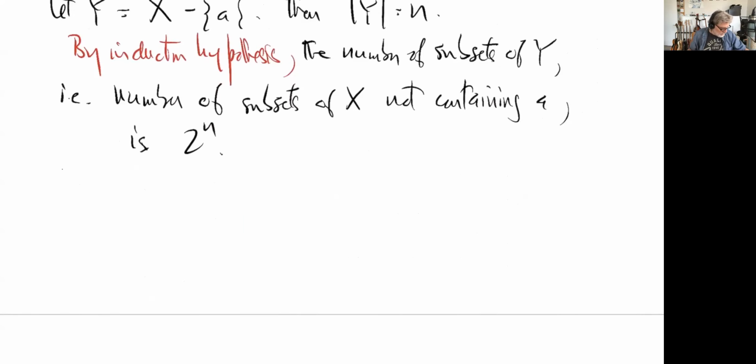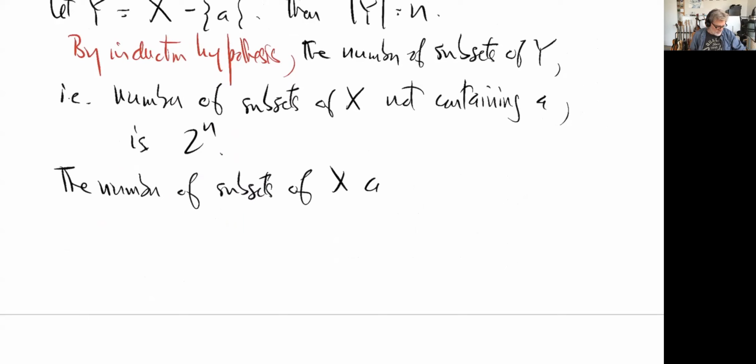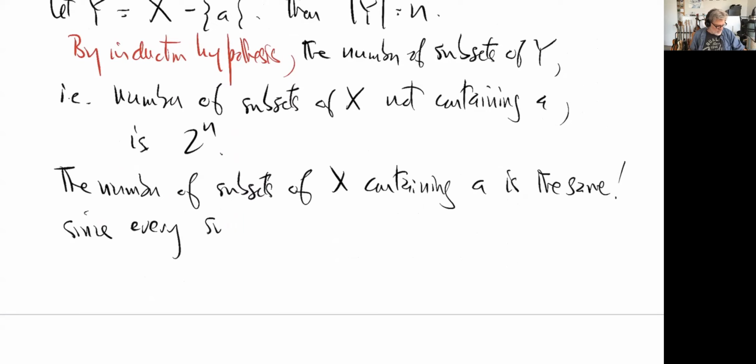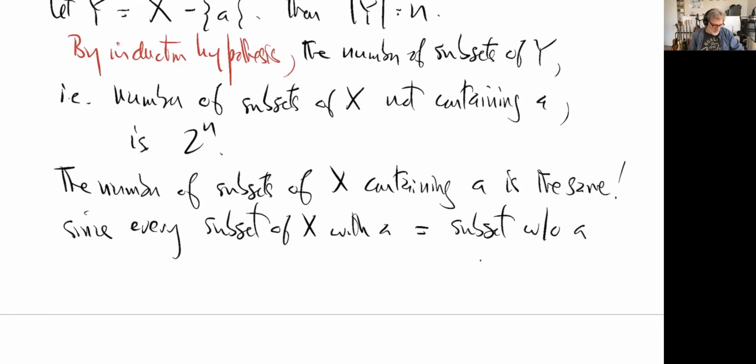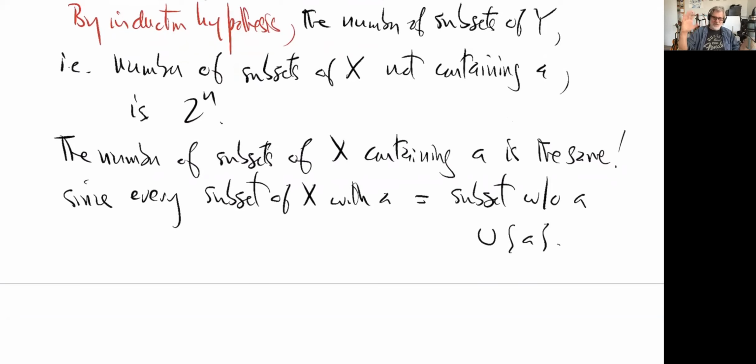So the number of subsets of X containing A is the same, since every subset of X with A is equal to a subset without A union A. It's shorthand, but you saw the previous example.